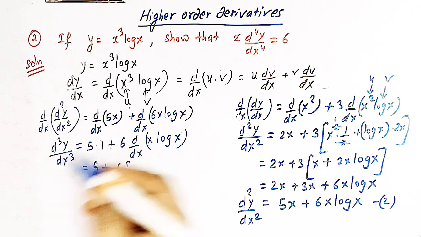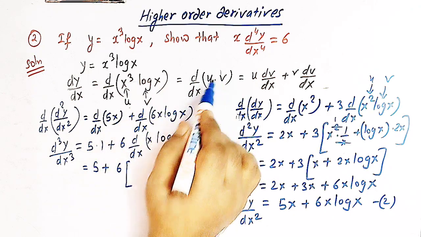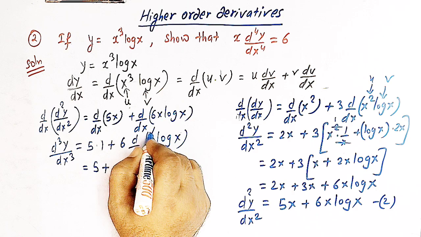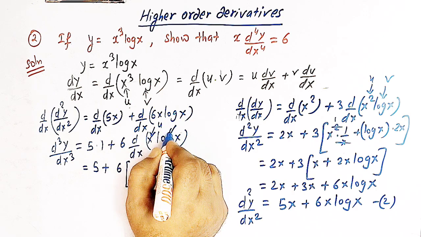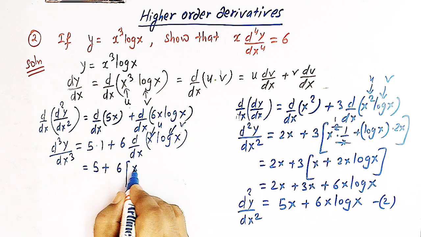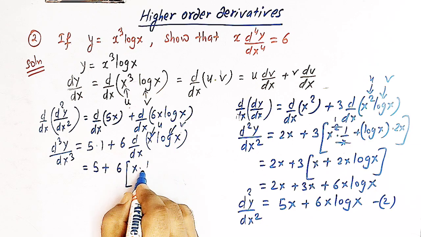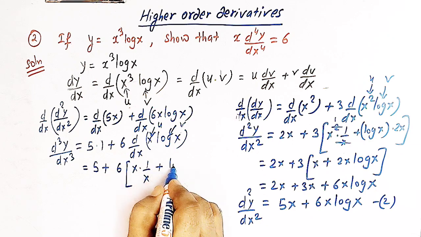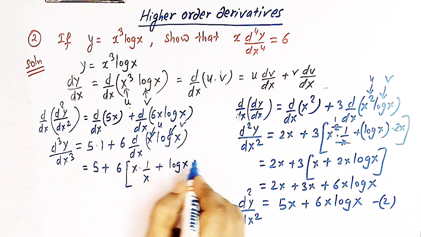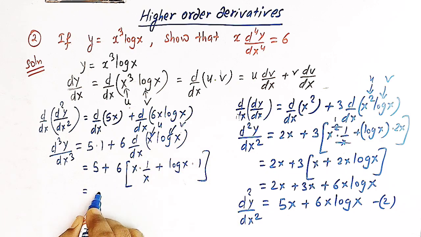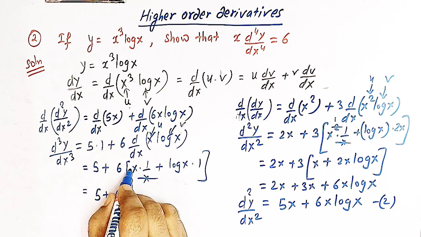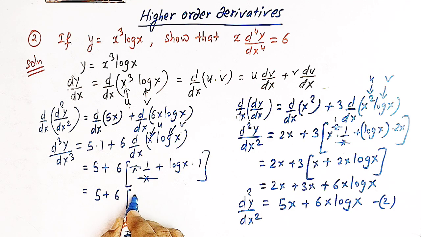So again using the product rule, taking x as u and log x as v, we have x, the derivative of log x is 1 over x, then log x, and the derivative of x is 1. So now this is 5 plus 6, and here x and x get cancelled. We are left with 1 plus log of x.